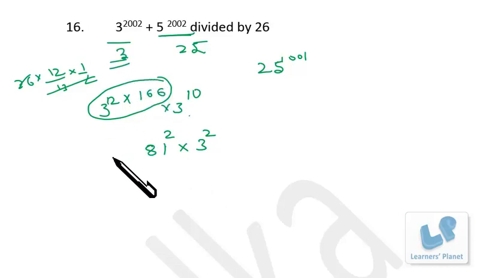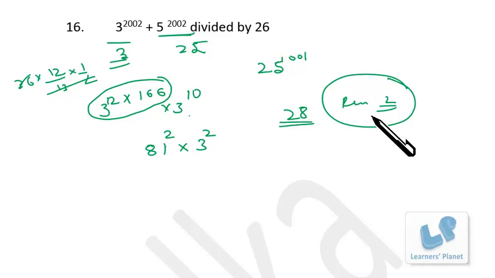Okay, so the remainder is 3 over here, the remainder is 25 over here, so the overall remainder will be 25 plus 3, 28. Okay, if this expression is divided by 26, the remainder cannot be 28, so we'll deduct 26 from this, so the remainder is 2. So your final answer is 2. So what we did, we found individual remainders in individual cases, and then we add them up. Okay, I hope you are clear.